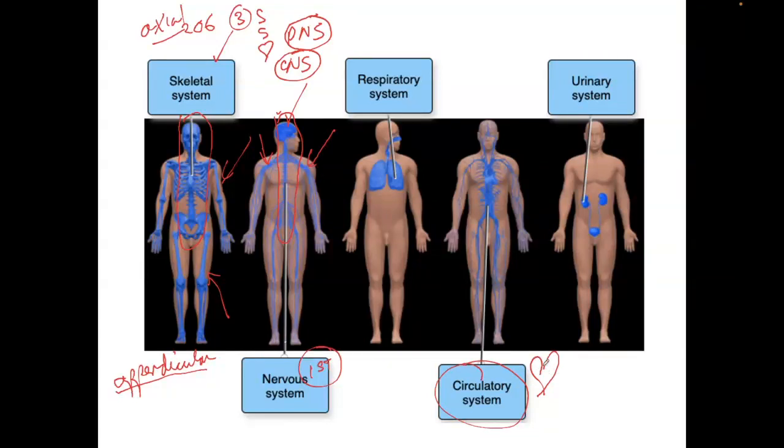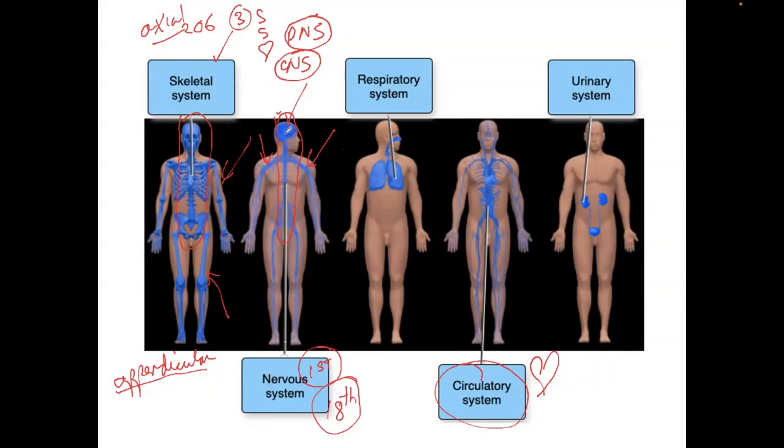But before the heart, it's the neural system, it's the brain and the spinal cord, and that forms somewhere around day 18 after sperm and egg come together. It's called the master system because it controls all the other systems of the human body. So the neural system is called a master system.